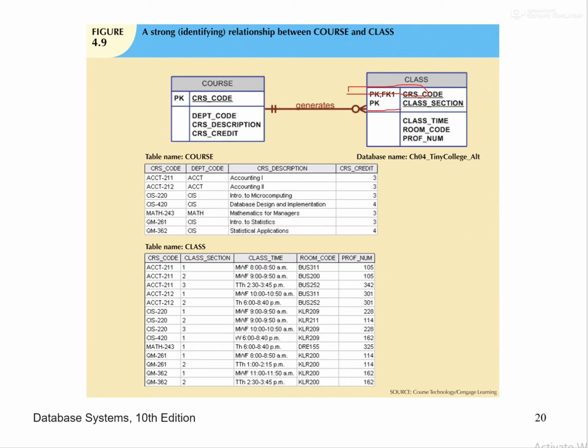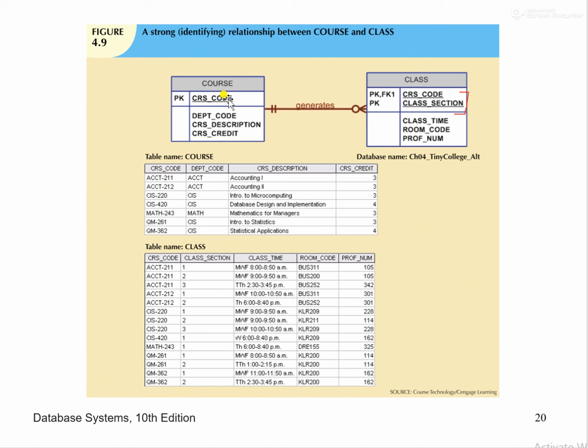Okay, the same example here. Now course and class, here they have a strong relationship. Now how does this relationship become a strong relationship? You can see that here on the course side the primary key is course code. On the class side the primary key is now a composite primary key, that is course code and class section.